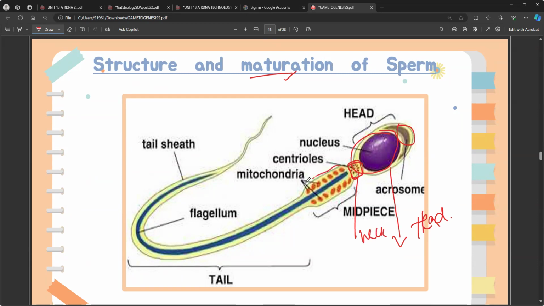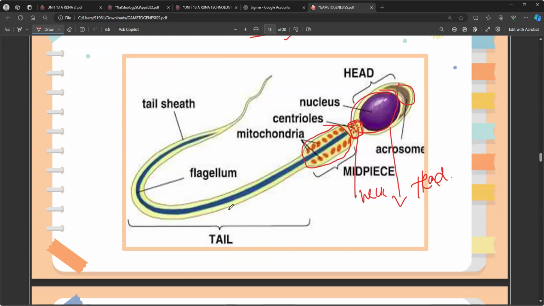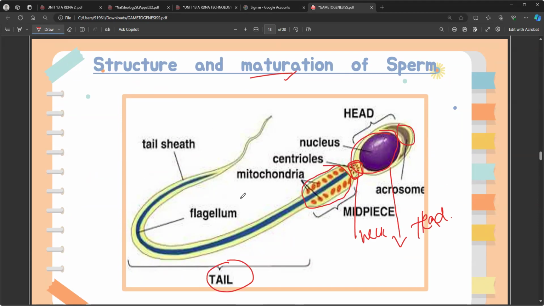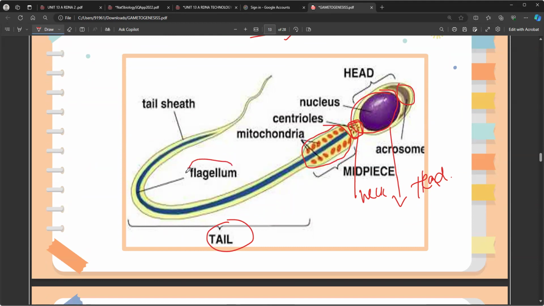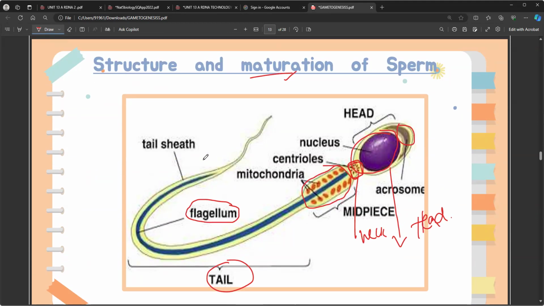Below the neck, we have mitochondria, not one mitochondrion but multiple mitochondria. Then we have the tail portion. If you observe the tail portion very clearly, friends, it contains a flagellum as well as a tail sheath. Don't get confused.